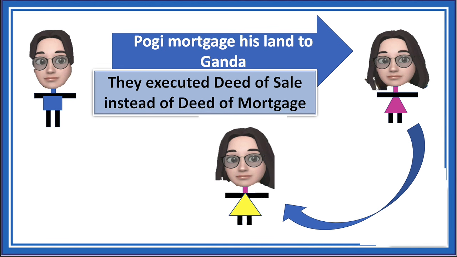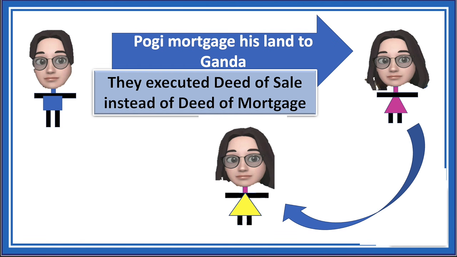And so, this should not prejudice a third person if later on binenta ni Ganda ang lupa ni Pogi to Beauty, na wala ring alam na mortgage lang naman talaga yung intention nun. Kasi, as far as Beauty is concerned, meron talaga siyang nakitang deed of absolute sale from Pogi to Ganda, right?